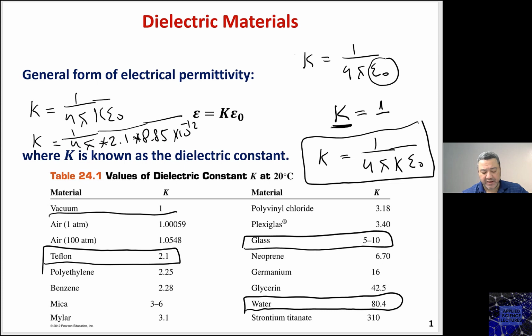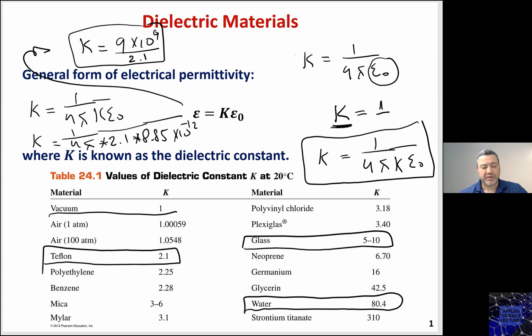Or what I can say is that k would be 9 times 10 to the power 9 divided by 2.1. So you can also use this expression, which basically makes it easier for you. Take the k, the Coulomb's constant for the free space, divided by the dielectric constant. You get the new Coulomb's constant for the material that is considered an insulator.